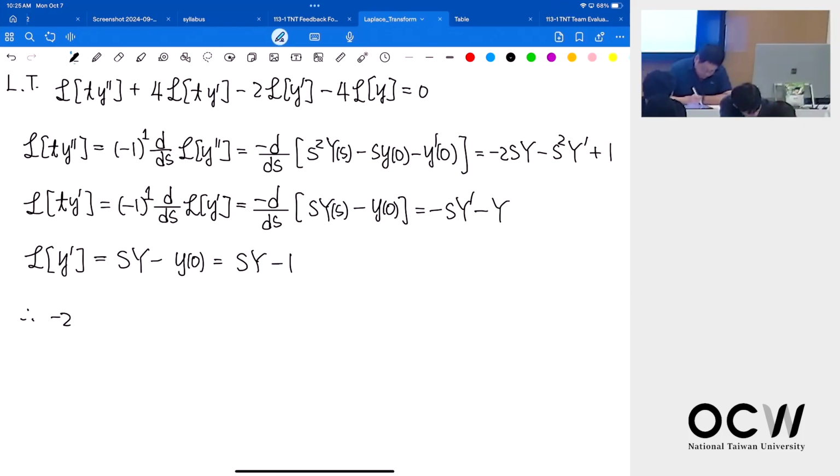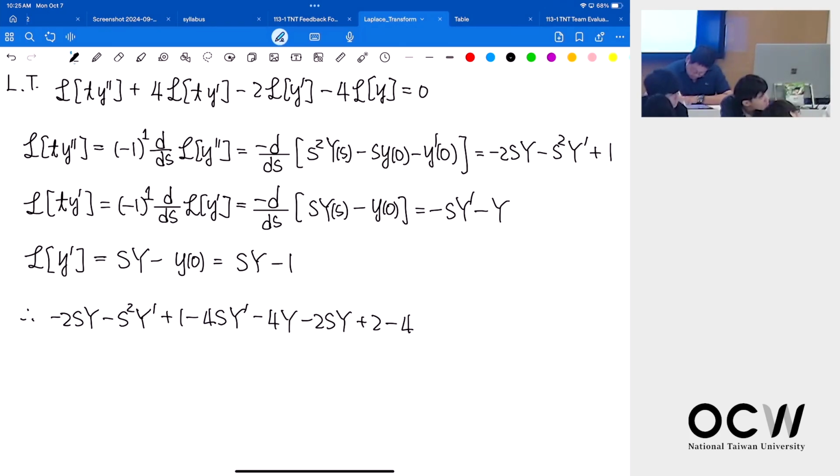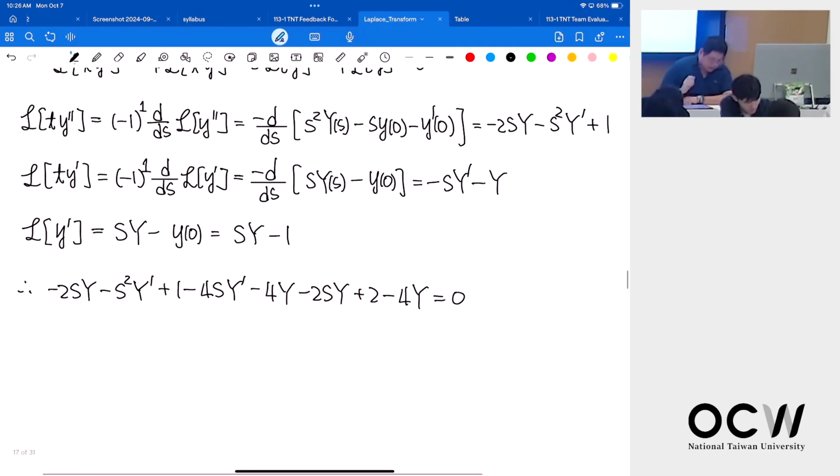So you'll get the differential equation in the Laplace domain, which is y prime plus (4s plus 8) divided by s times (s plus 4) times y.